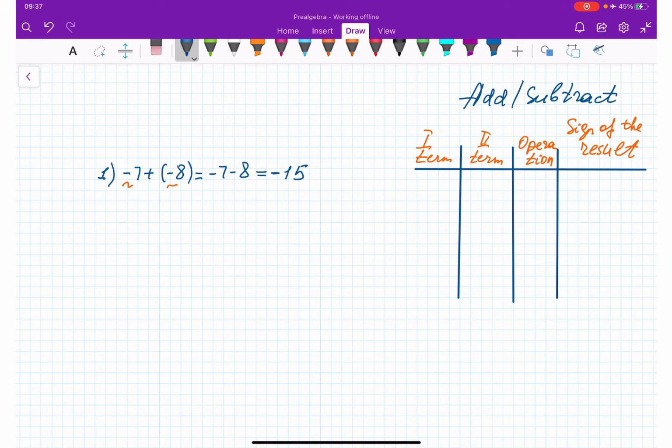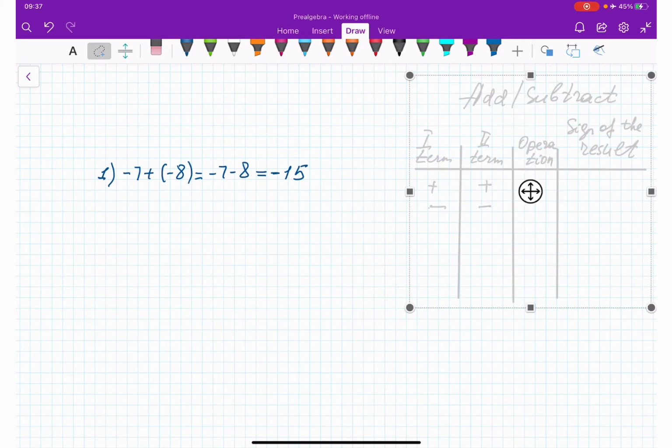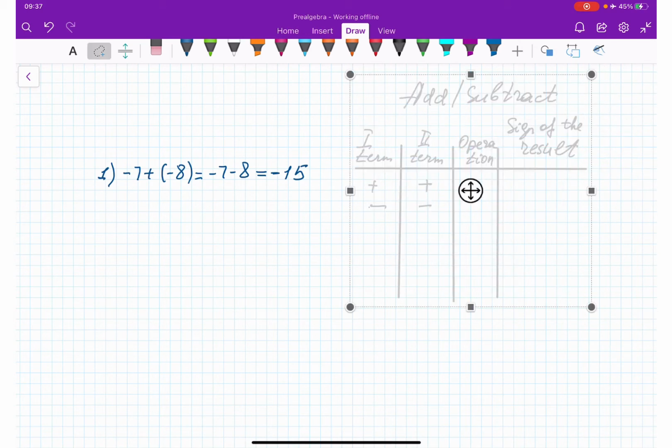Here is what we have. If the signs of both terms are positive or negative, then we are doing addition. Let me move this a little bit so I can write down clearly.